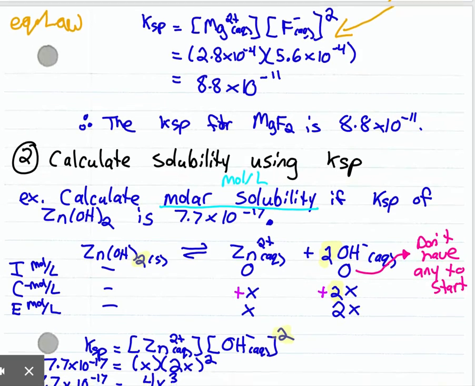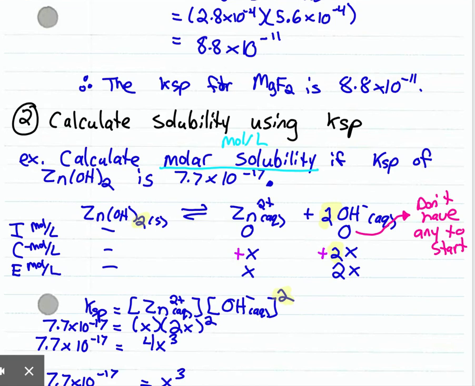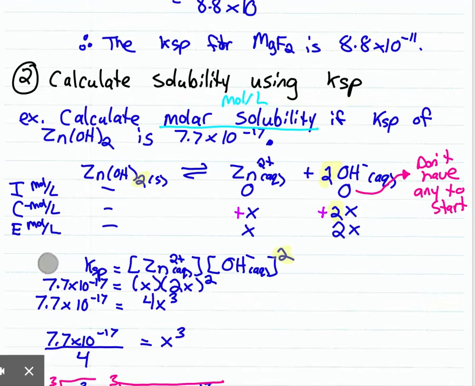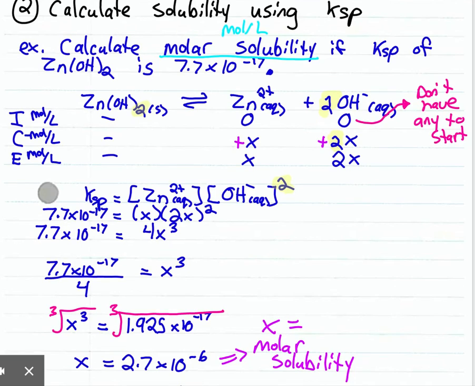So I'm going to show you this here. We're subbing in our KSP equals X for zinc and 2X squared for hydroxide. Do the math. We get something that looks like this, and we just follow it through like we've done before. And I'm showing you all of my steps here. We solve for X, and our X ends up being our molar solubility.